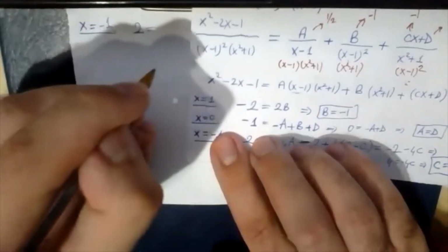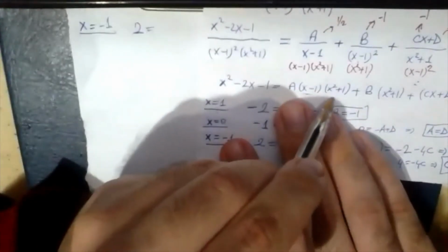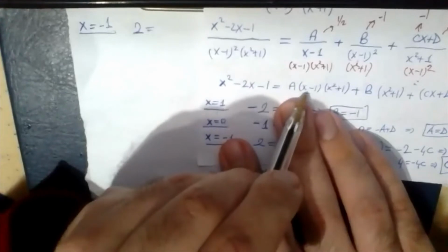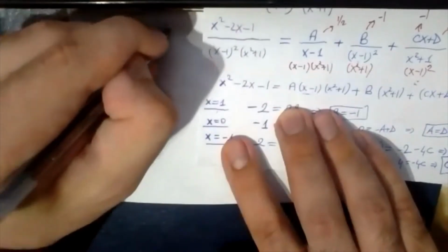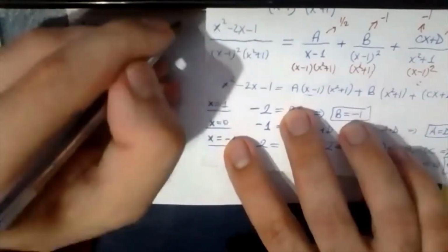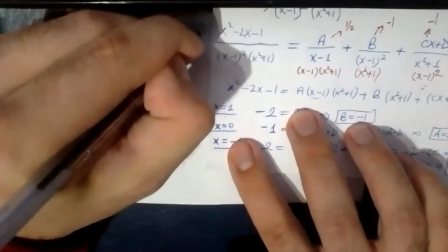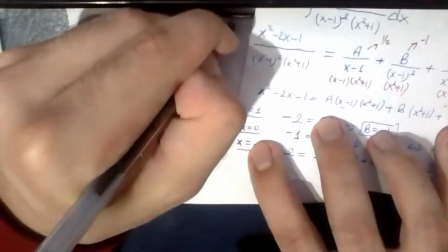Is equal to, since x is equal to minus 1, this part will be 2. This part will be minus 2, minus 4. It is minus 4a, minus 1 plus 2b, and 4 times, since x is equal to minus 1, this will be d minus c.